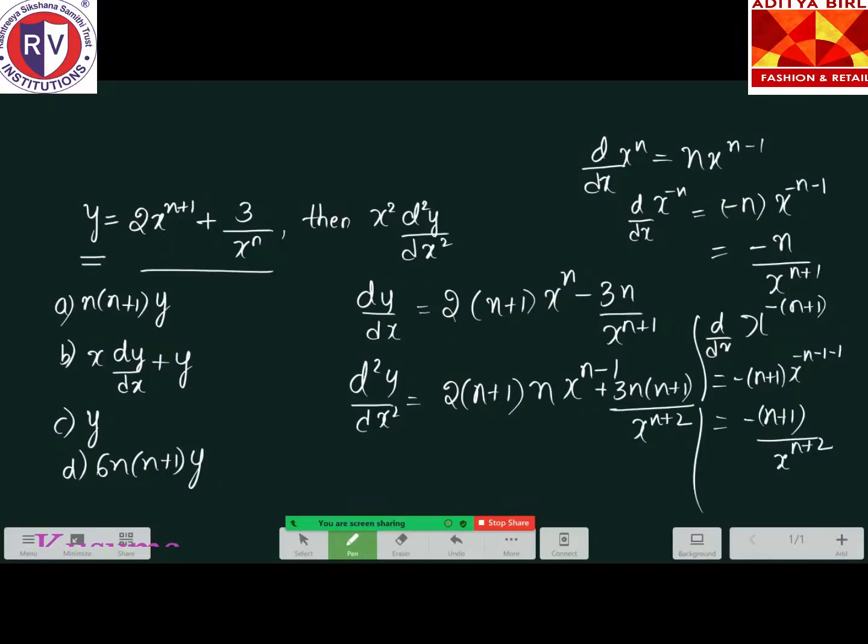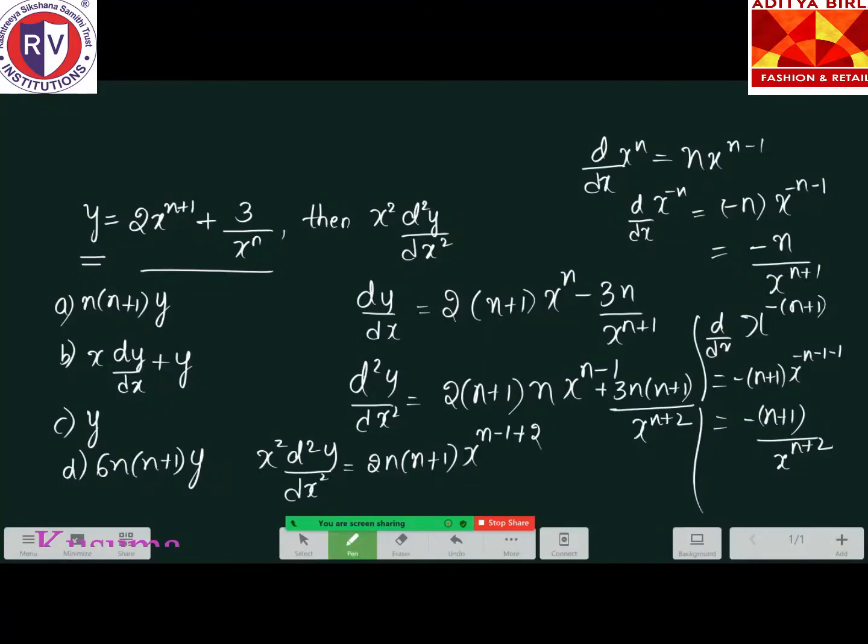Now we need x square into d square y by dx square. Let us multiply x square throughout. So what happens here? This will be 2n into n plus 1 into x to the power of n minus 1, into x square, which can be written as x to the power of n minus 1 plus 2.